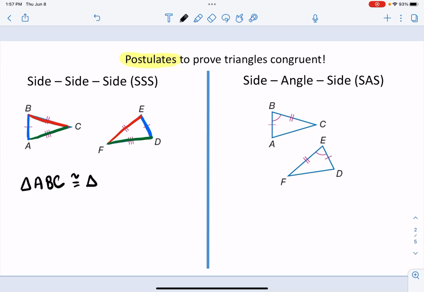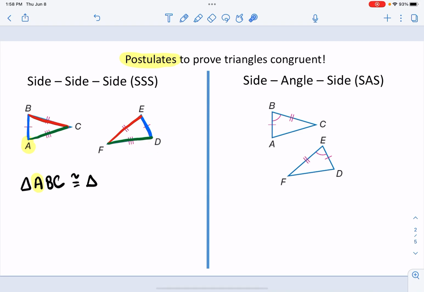So I have to start with the angle that is congruent to angle A. Well, I see that angle A is between the side that is marked with 1 hash mark and 3. Look now at the other triangle. So I had 1 hash mark, 3 hash marks. So I have to look for 1 and 3.